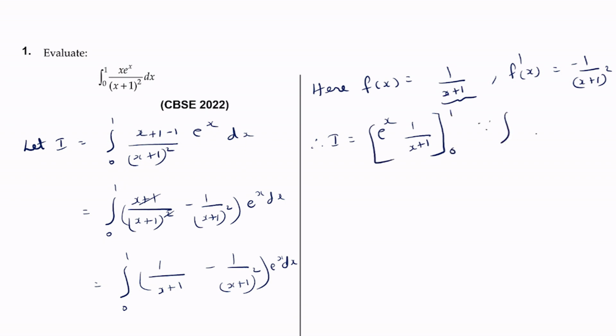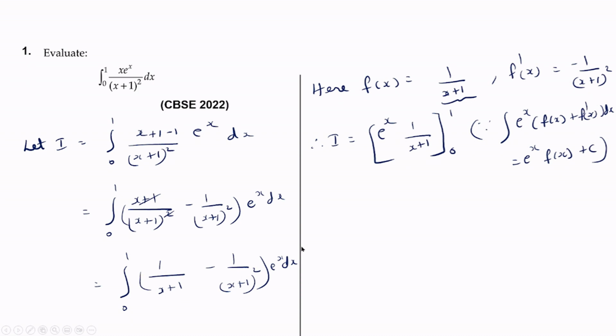Since integral e raised to x into (f of x plus f dash of x) dx is equal to e raised to x into f of x plus c. We are aware of this standard result, so we are using it here. Here f of x is 1 by (x plus 1) and f dash of x is minus 1 by (x plus 1) the whole square.